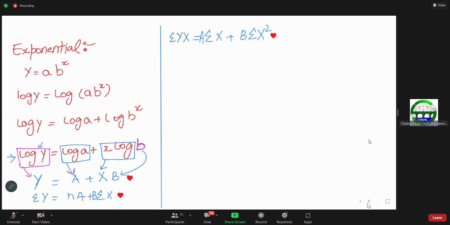So let's try to solve one example in here.